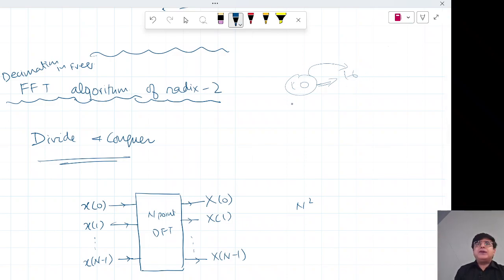For example, if you had x of 0, x of 1, and so on up to x of 9, to get to 16 coefficients you can just add these 6 zeros, 1, 2, 3, 4, 5, and 6, and then compute the DFT of this entire thing. Now you have 16 points, so you can compute the DFT.